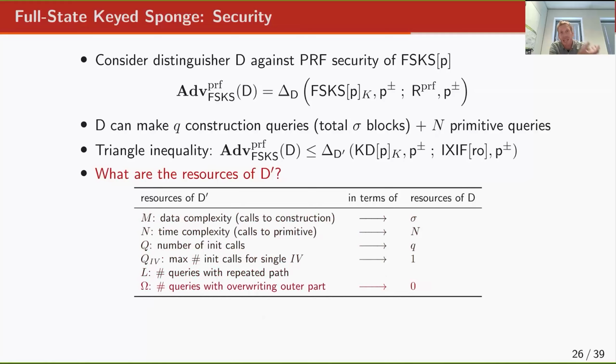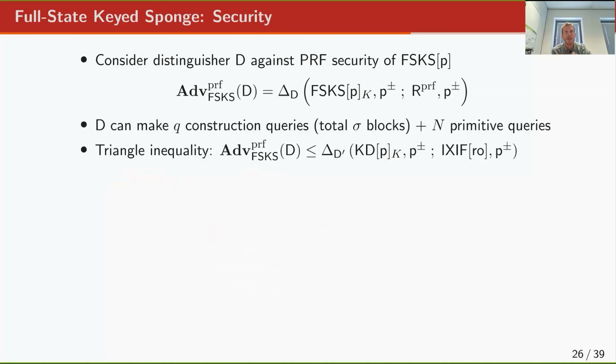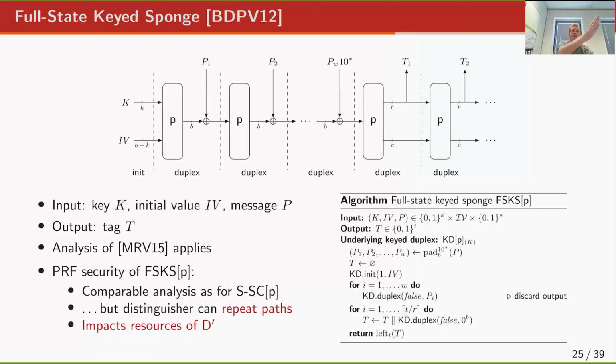We always have flags false, so you never have an overwriting out part, but the attacker can repeat the path. Once the attacker makes a full keyed sponge query, the next full keyed sponge queries, which are Q minus 1 in total, may repeat a path of the previous one. In terms of the picture, the attacker can make a full keyed sponge query for some IV, which it can always keep the same, P1, then P2.